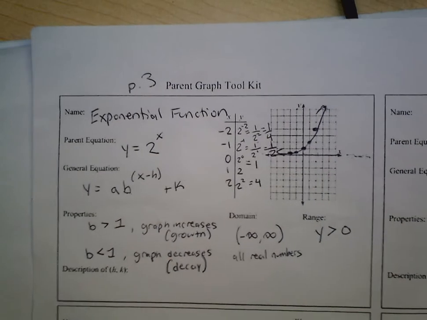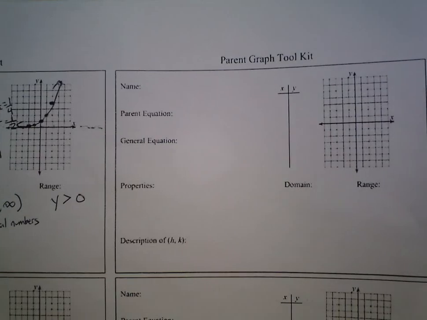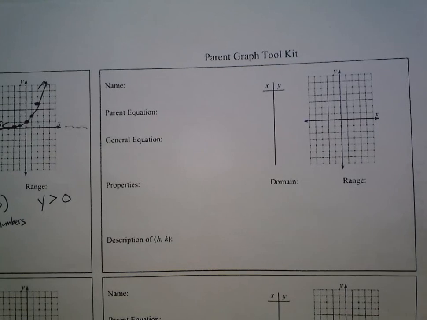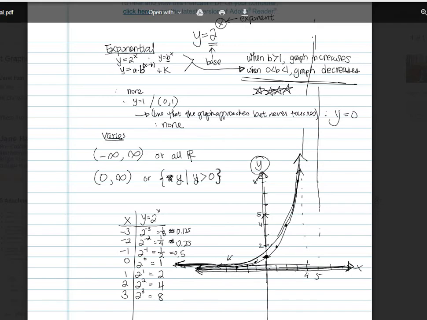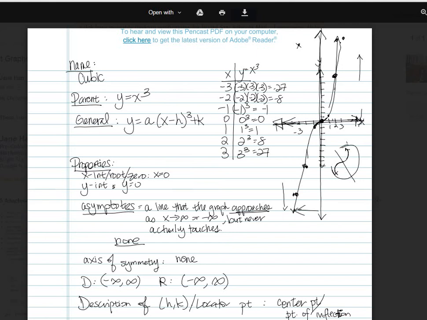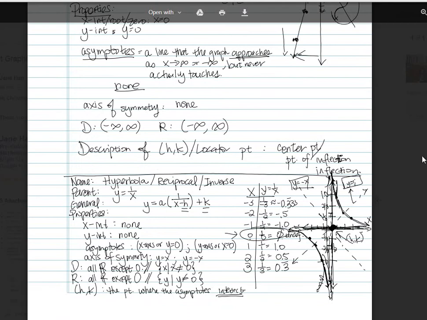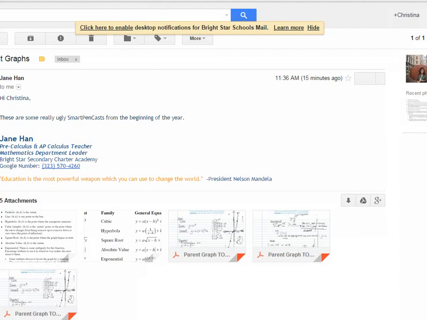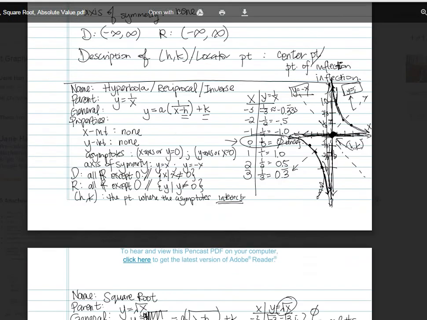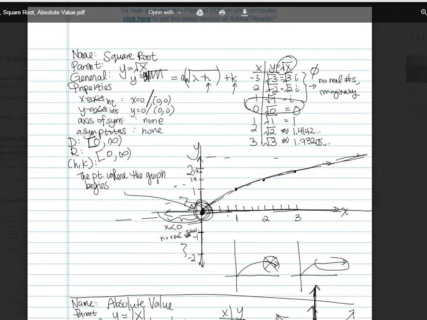Okay, let's quickly do an example with square root functions. So if I'm talking about a square root function, let's just say square root.